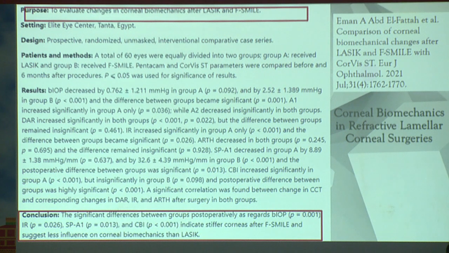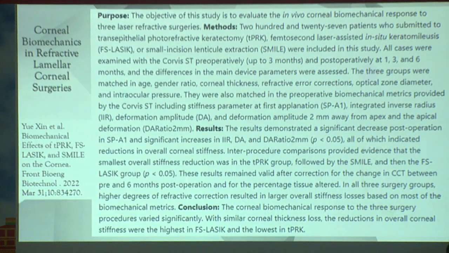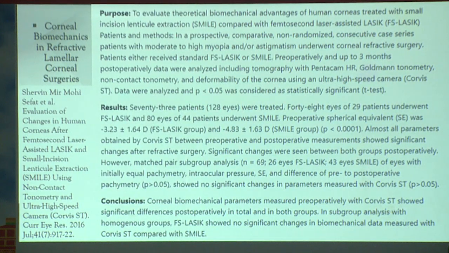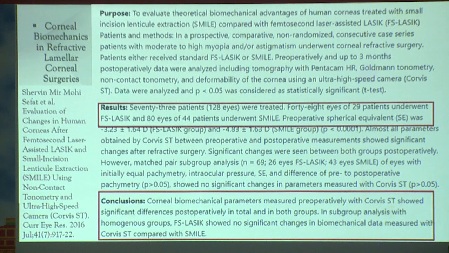But then I think there is a fantastic study which has come out from India as well, where they have evaluated the biomechanical change intraoperatively and postoperatively during the follow-up, and have not found a significant difference between a femtoflap and a SMILE lenticule. So literature currently is not giving us clear-cut evidence on which one is better, or whether one causes more than the other, and some do say that they are equally effective in causing a biomechanical change.